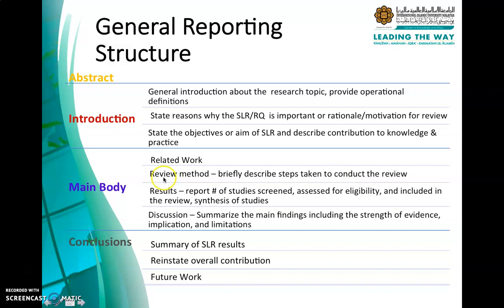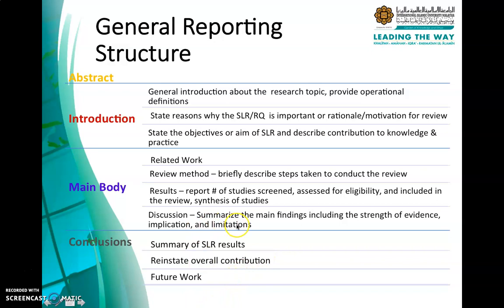Yeah, and then the major part is the results. This is the major part. This is where we normally report the number of studies that we have screened or filtered, how many we have accepted or included for the SLR or mapping study, and the results from the synthesis of evidence. And finally, the discussion. The discussion should not repeat the results, because the results are just telling what the results are.